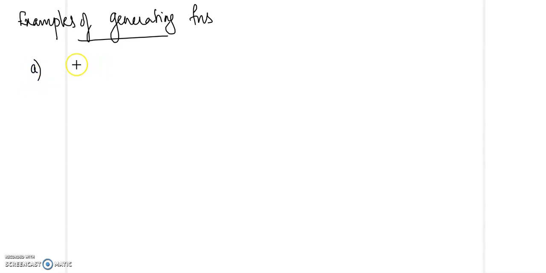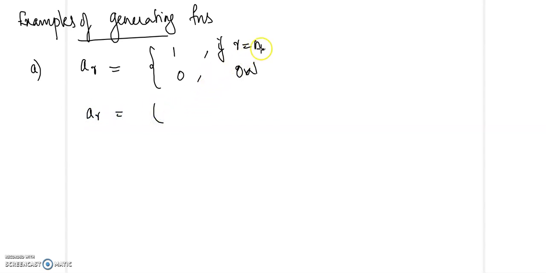So if you have a sequence a_r which is defined as 1 if r is equal to n and 0 otherwise, that means only the nth term is 1 and all the other terms are 0. So we will have all except the nth term to be 0.